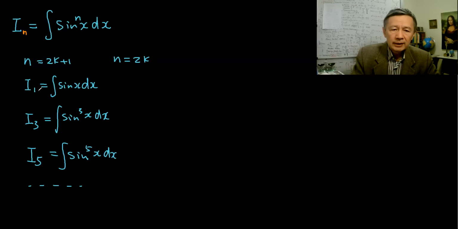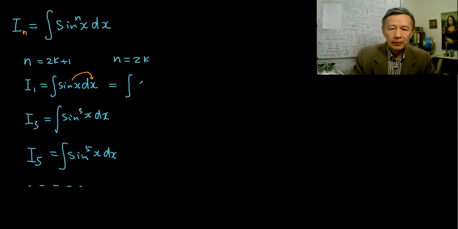So for example, when n equals 1, we basically can use our simple formulas in calculus. What I would often suggest is that we put the sine behind the d.